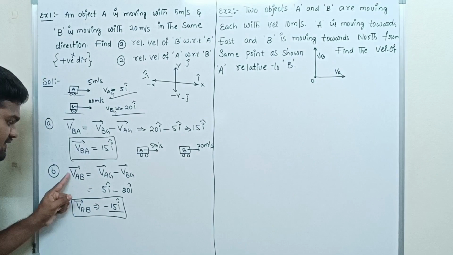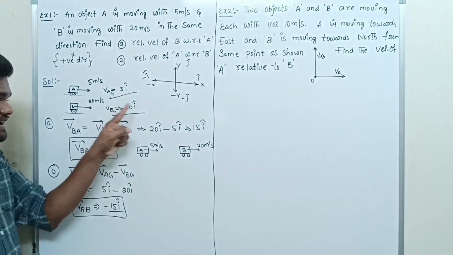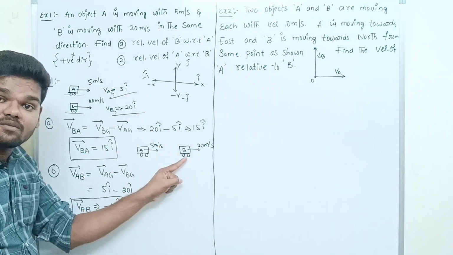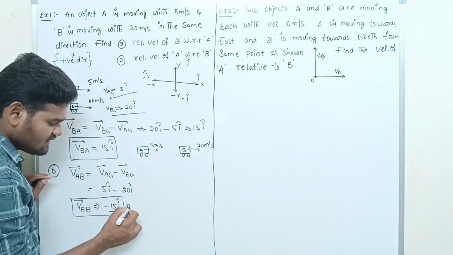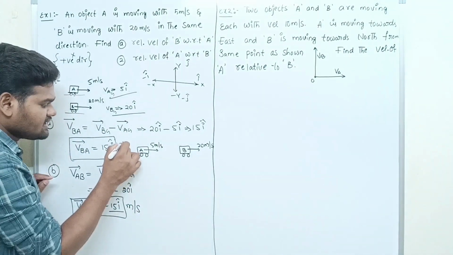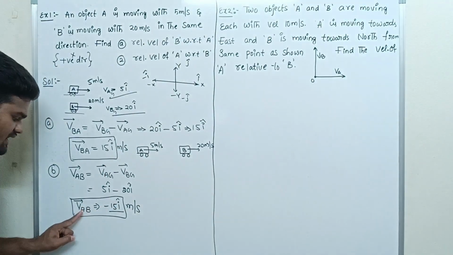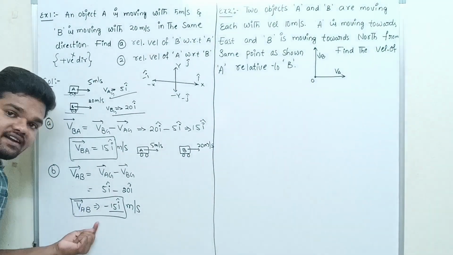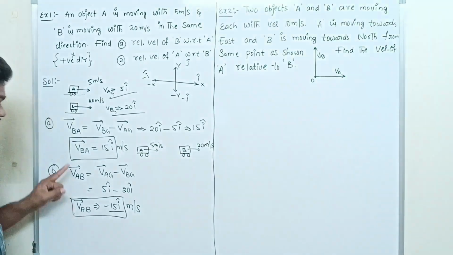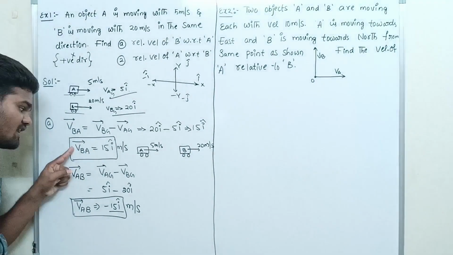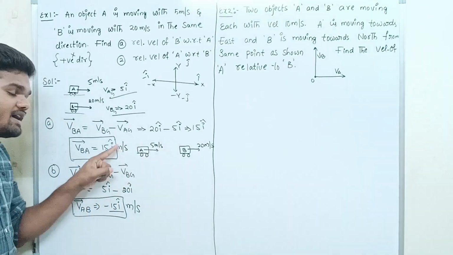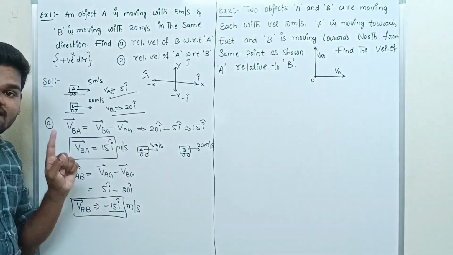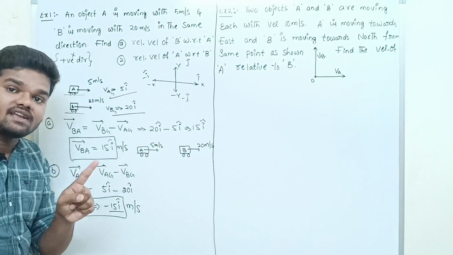So if you come to this, the velocity of an object A is less than velocity of an object B. How much less? 15 meter per second less. So here the negative sign shows the velocity of an object A is behind the velocity of an object B. So here we got a plus. That means the velocity of an object B is ahead by 15 meter per second than the velocity of an object A. Are you getting? Right.